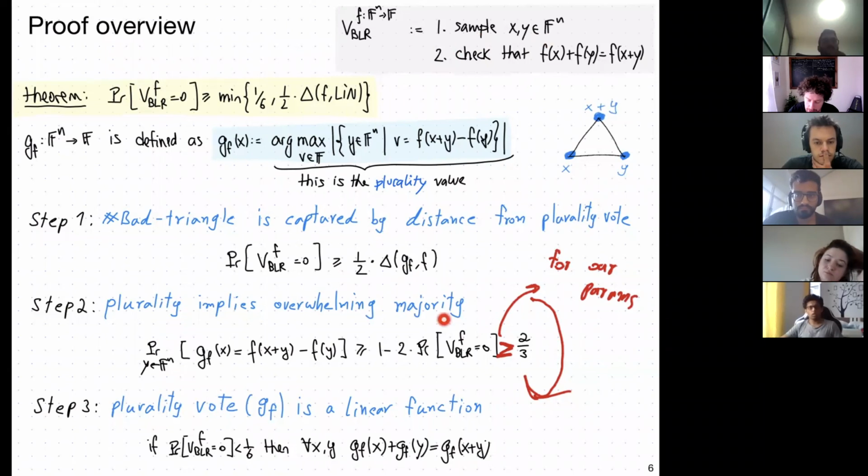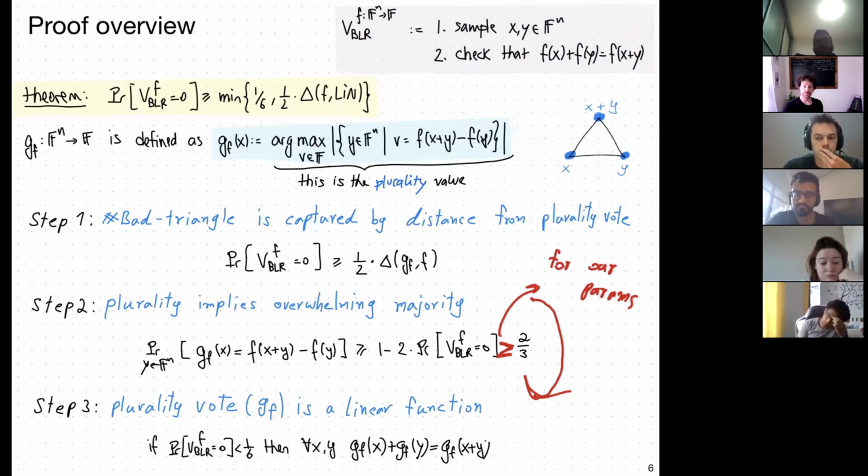So this probability is exactly the number of triplets x, y, x plus y such that this condition doesn't hold. So maybe one way is a combinatorial measure. Yes, it's the distance from being linear when I measure by triangles. Exactly, that's a beautiful way of putting it. Because what we care about is Hamming distance, but we're showing that the linearity constraint distance is a good proxy for the Hamming distance. Yes, this is exactly what we're doing.